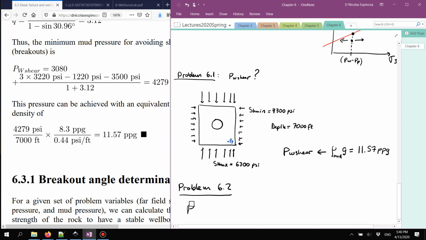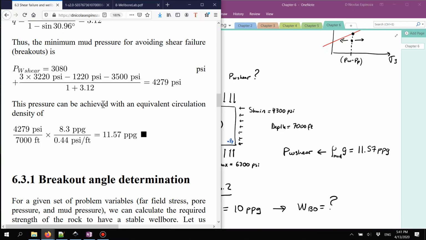In this case, I'm saying that if the density of the mud is equal to 10 pounds per gallon, smaller than the value of PW shear, the question is, what is going to be the breakout angle? And I know that it's going to be higher than 0.